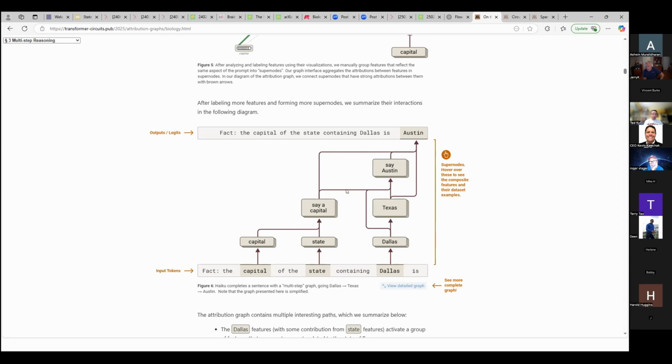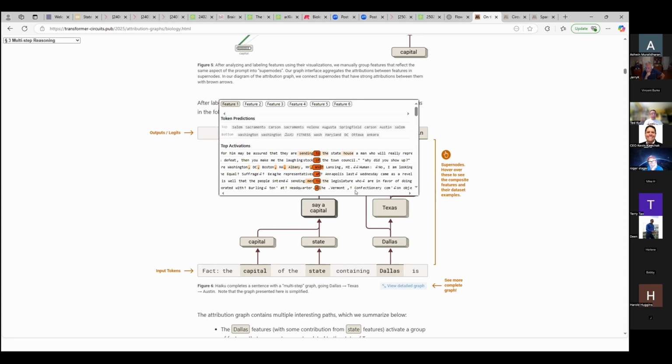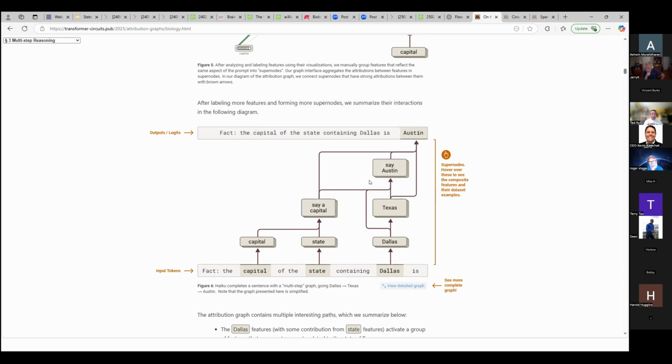And then again, if you look at these lines, you'll see the say a capital feature probably promotes a whole bunch of different things. It promotes say Sacramento, it promotes say Austin, it promotes say Trenton or whatever. Okay. But in this particular sentence, the say Sacramento feature is probably not getting support from anything else.